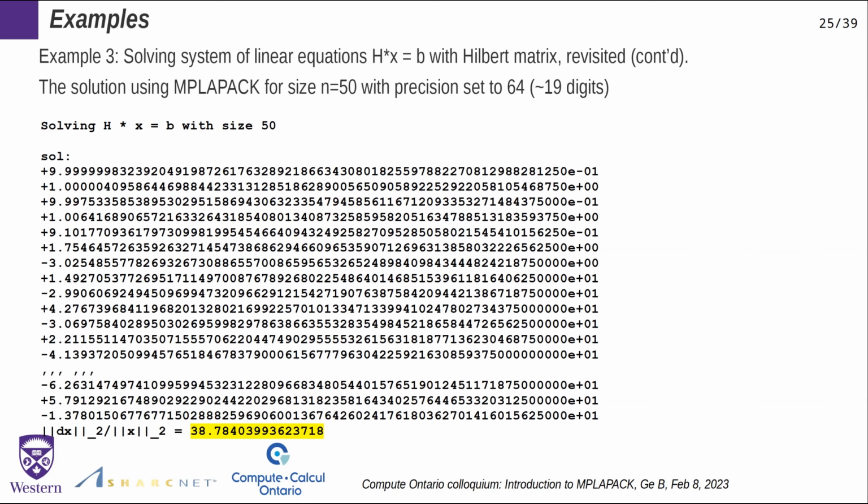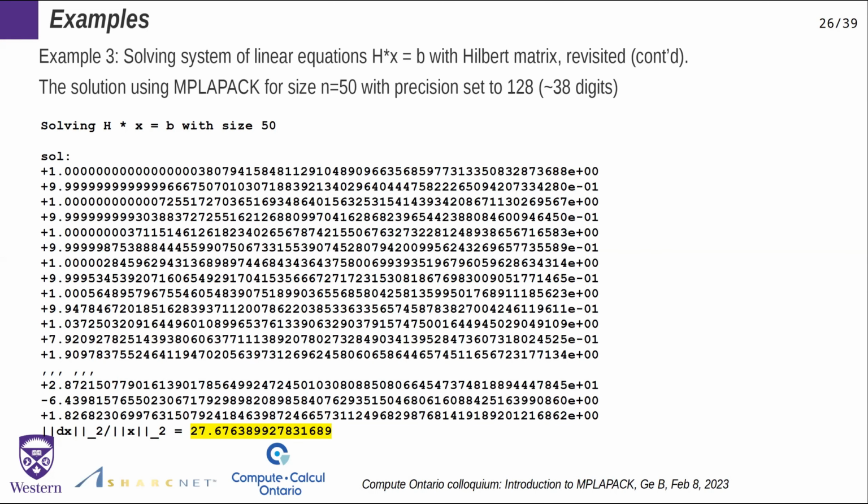Next, we increase the size to 50. And we use the precision 64 bits, or roughly 19 decimal digits. The relative error is very big, 38, or 3,800%.